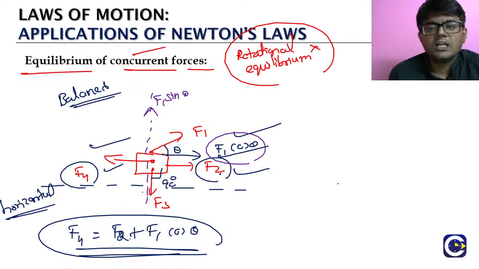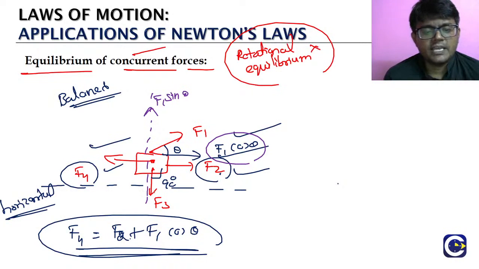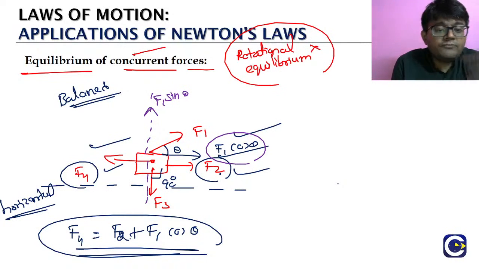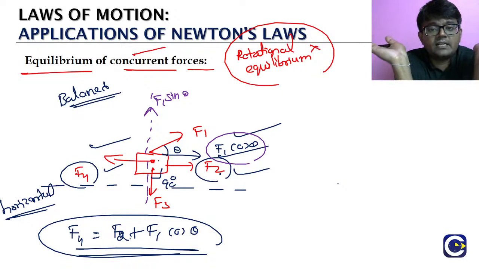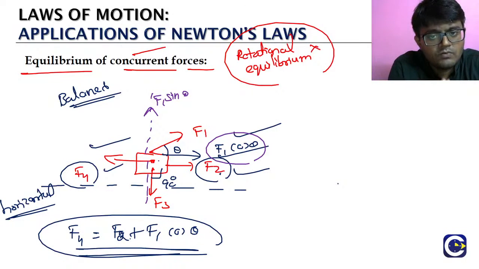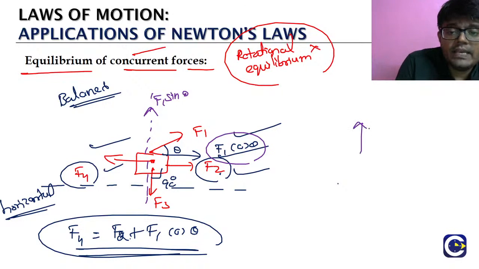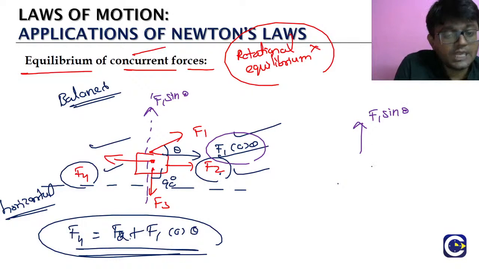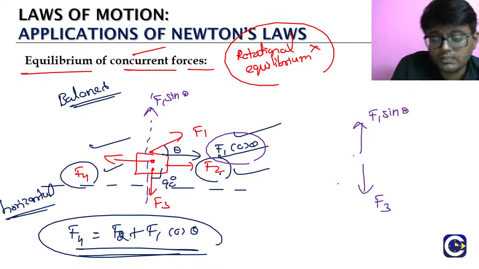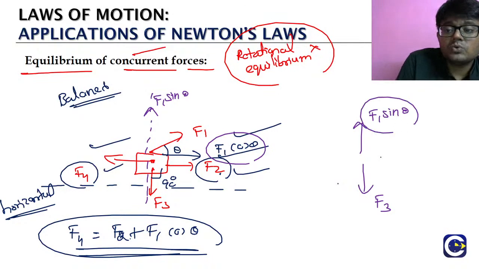F4 and F2 are horizontal, so they have no vertical components. For a horizontal force there will be no vertical component, and for a vertical force there will be no horizontal component. So we have the component of F1 which is upwards, F1 sin theta, and F3 which is downwards. These two should add up to zero.